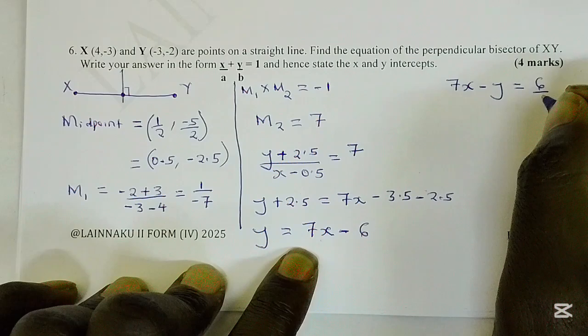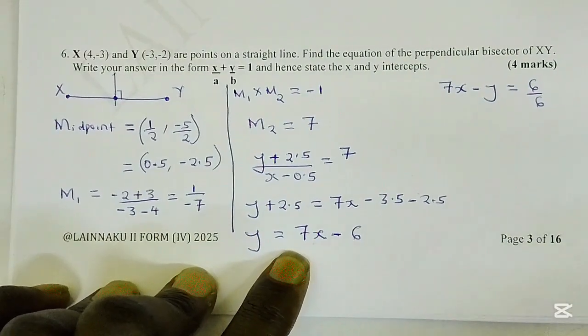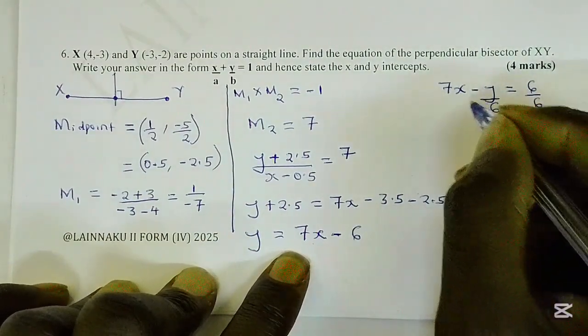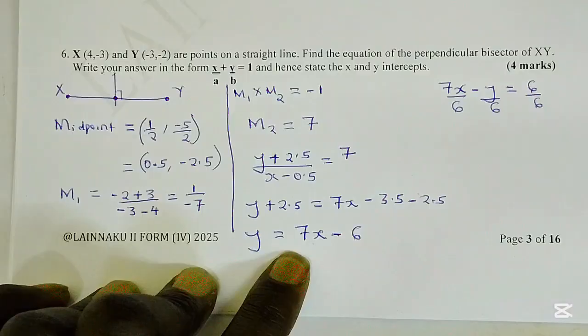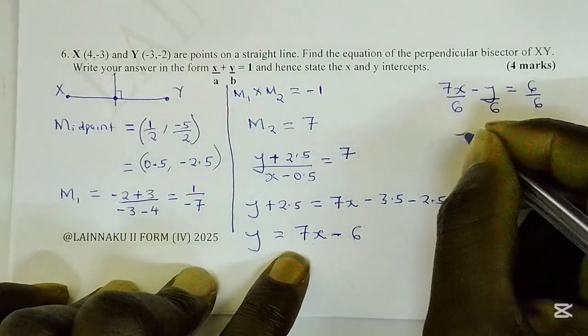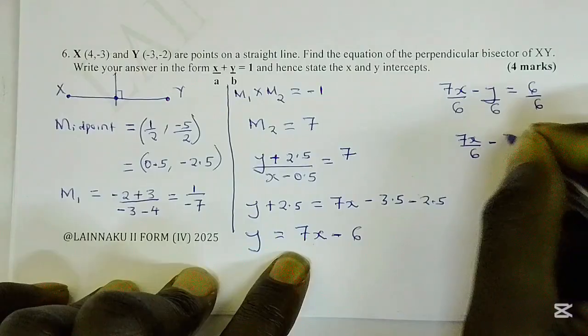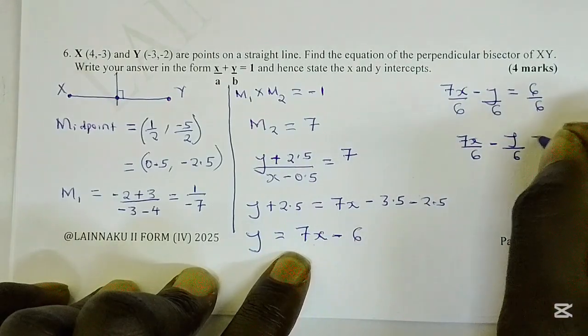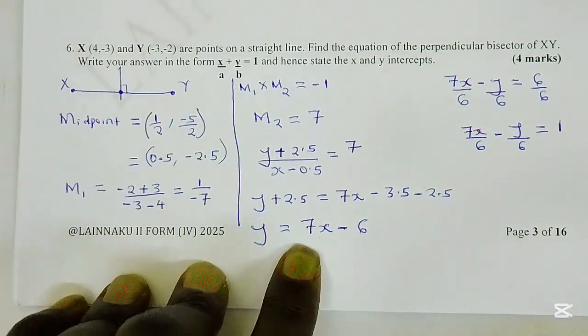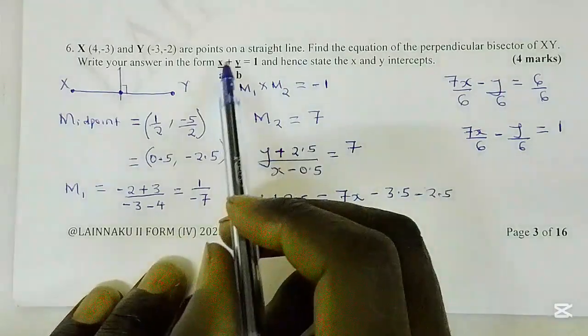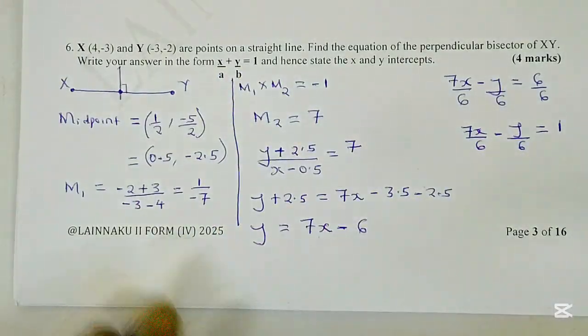So divide here by 6, divide here by 6, then divide here by 6. And you find that this one is 7x over 6 minus y over 6 equals to 1. So we have expressed it in this form that is required.